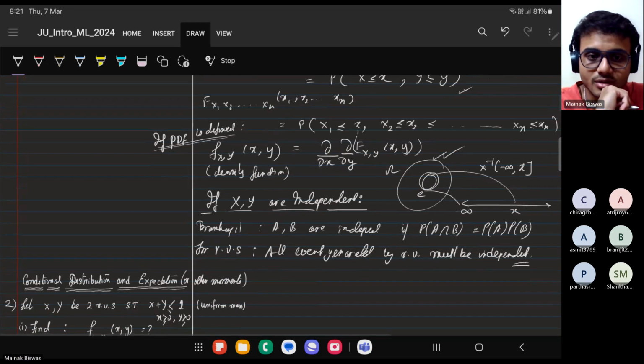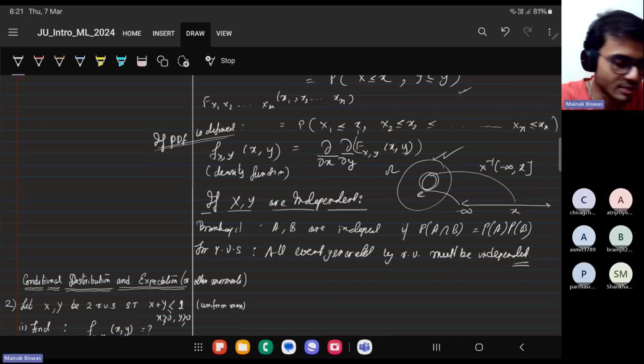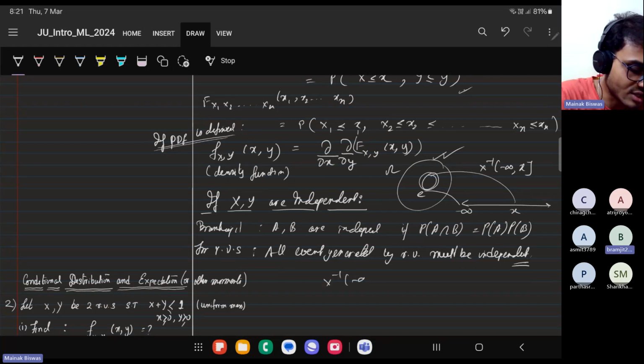How do I now define independence of random variables? Can you help me now? So I told you all events are independent. So X inverse of minus infinity to x, yeah, go ahead.